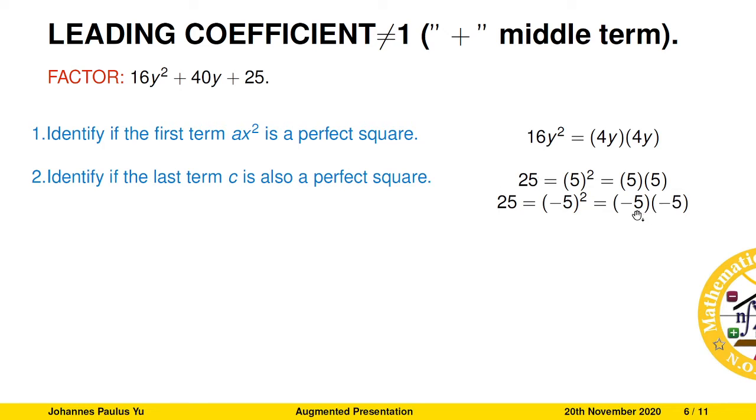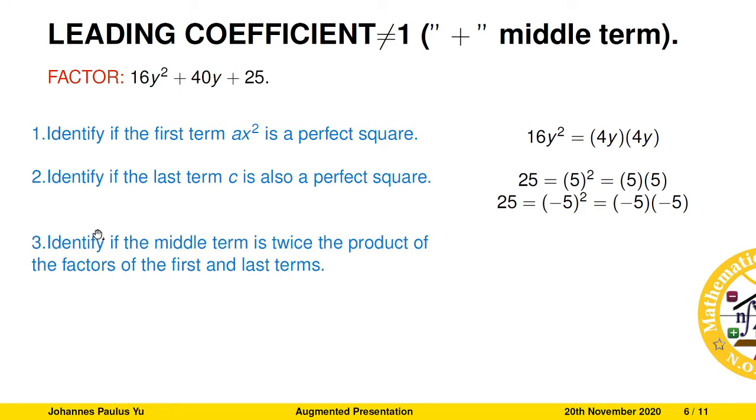Now again, the negative side and the positive side will both give 25. However, since the middle term is already positive, we will not be taking this one, but instead we will take the positive 5.